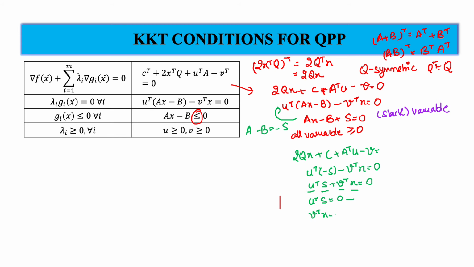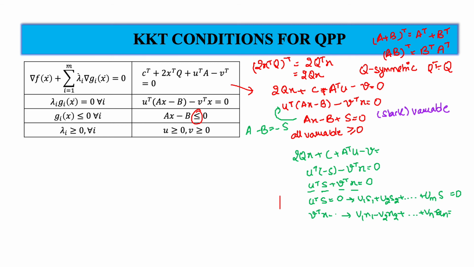Okay, this can be written as u1 s1 plus u2 s2 till, since we have m equations, um sm is equal to 0, and this can be written as v1 x1 plus v2 x2, since we have n variables, till vn xn is equal to 0. Again, a sum of positive quantities is equal to 0 only if each one of them is equal to 0.